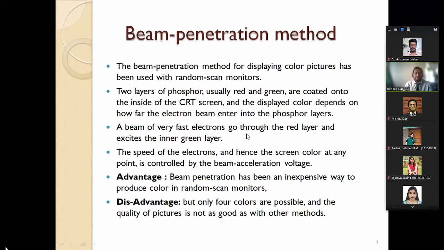So very first the electron goes through the red layer, and the inner layer is the green layer. On the top there is red color. So the first electron touches the red layer, and then tries to glow the internal green layer.